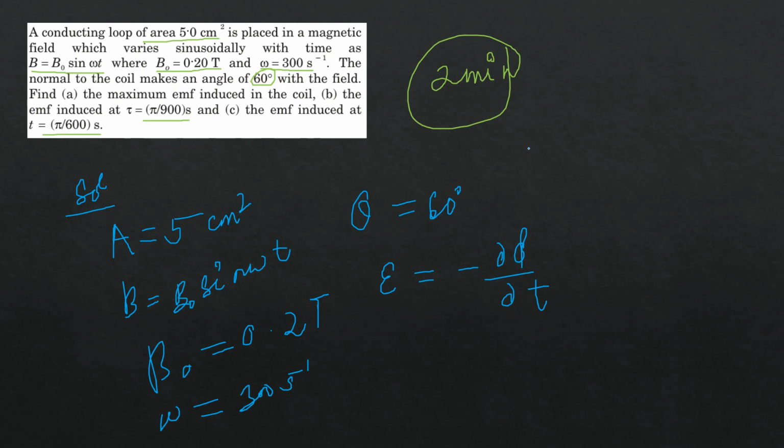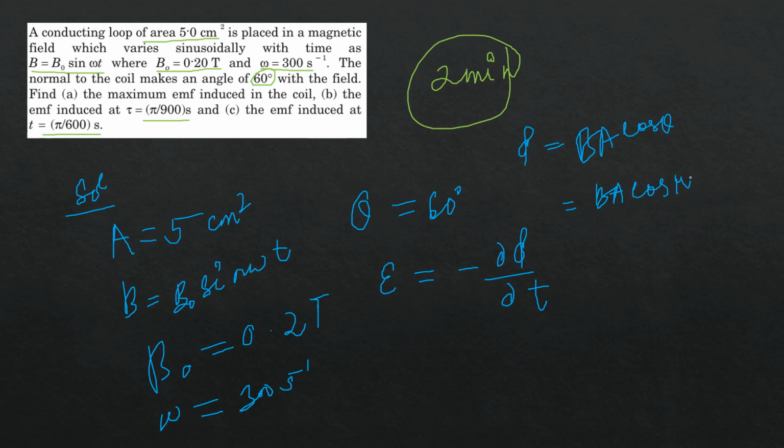So phi is what? We know phi is B dot A, that is BA cos theta, right? And theta is how much? Omega t, isn't it? So BA cos omega t. Just see how I'm approaching the question.